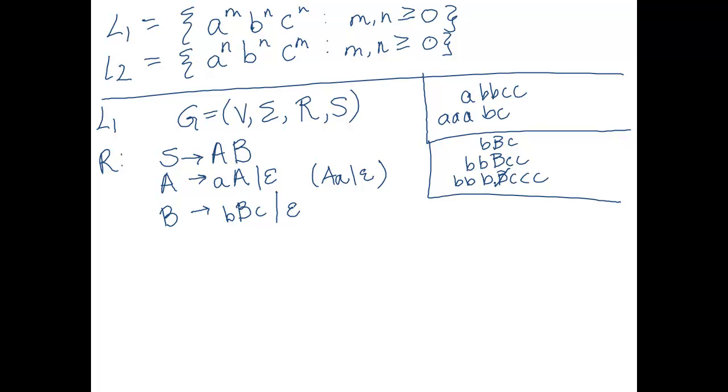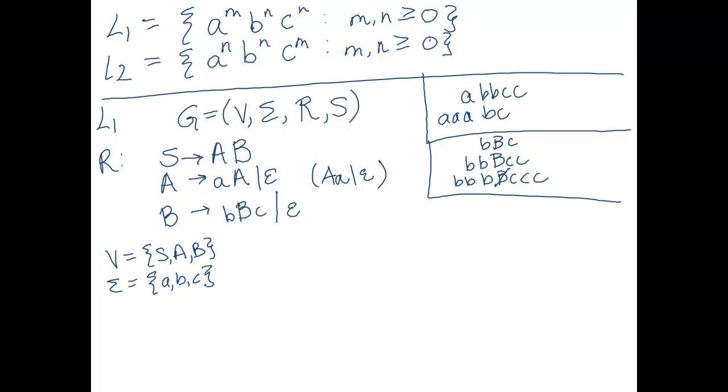So first, just in the interest of being formal, our set V of variables is S, A, and B. Sigma, our set of terminals, is a, b, and c. And our set of rules, we can see above, and S is our start variable.